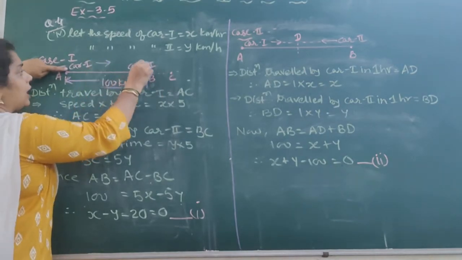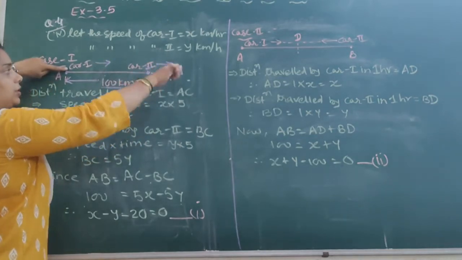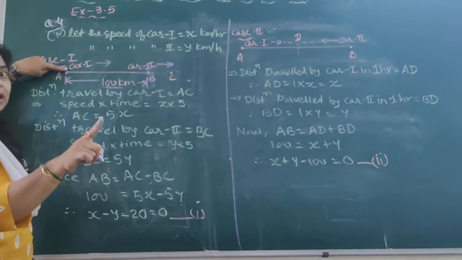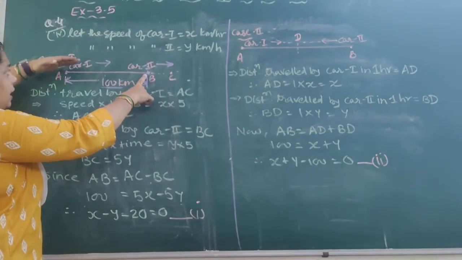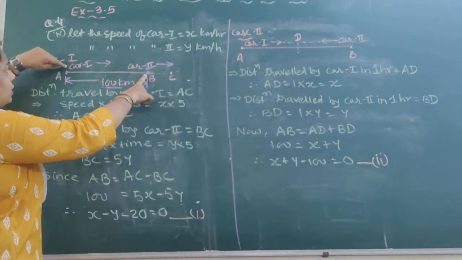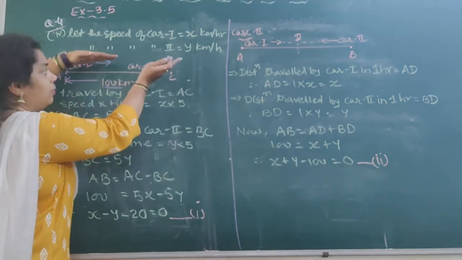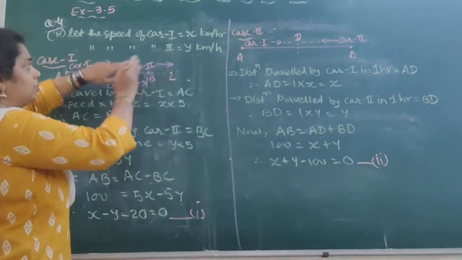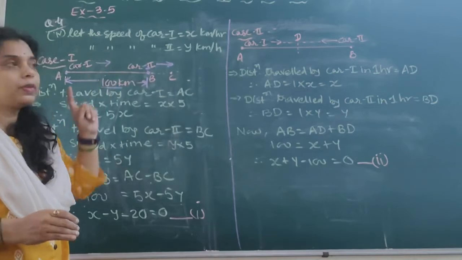Car 1 and car 2 travel in the same direction, but the speeds are different. At the same time, they start driving. Car 1 starts from point A and car 2 starts from point B in the same direction. Are you getting me? In the same direction, but due to the different speeds, they will meet after 5 hours.